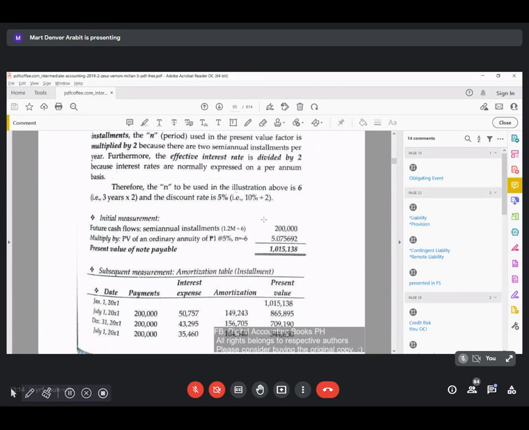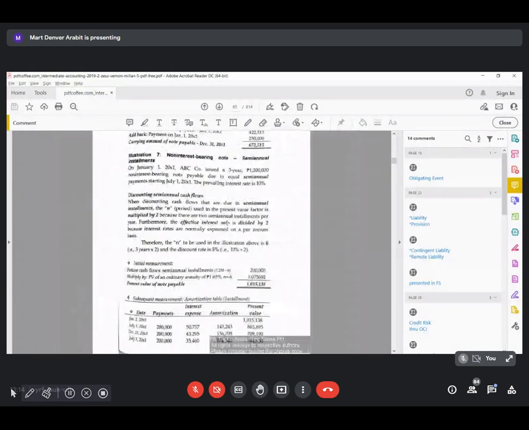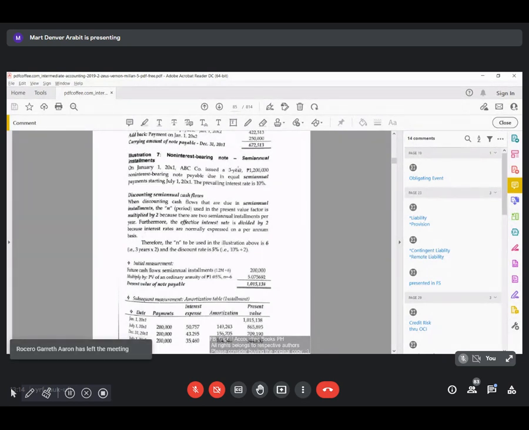So, huwag kayong malilito using these examples. Magkano yung interest, magkano yung mare-record natin na interest payable? Okay, ulitin ko yung tanong. Ang sabi dito, interest payments, non-interest bearing note payable due in equal and semi-annual.